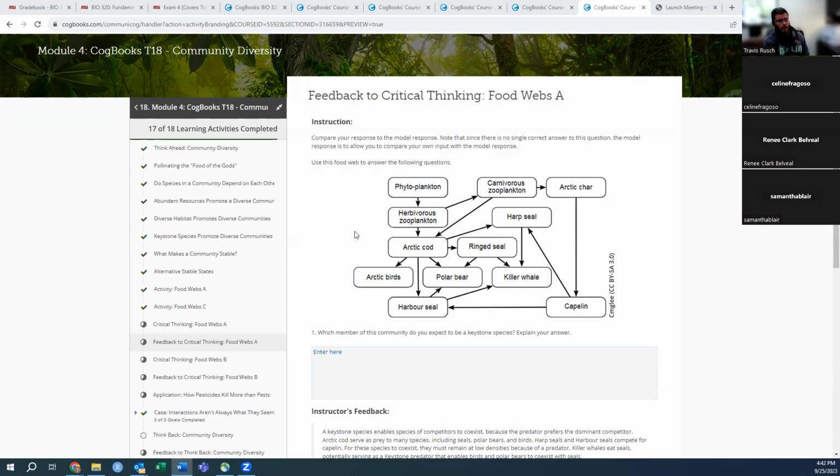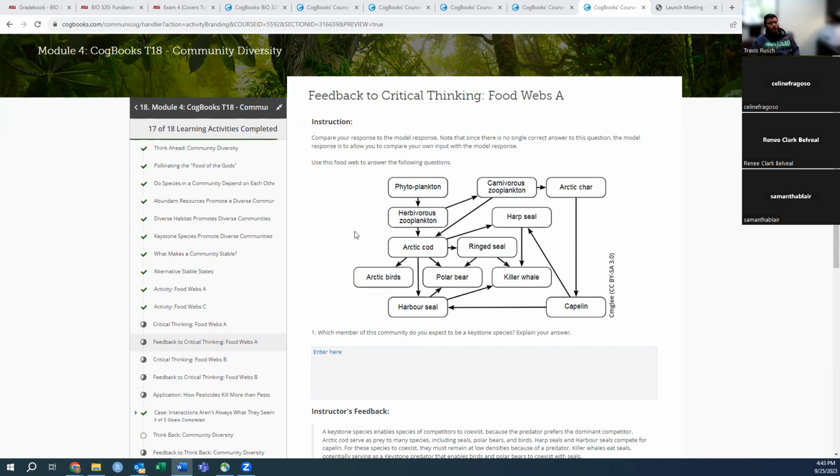But I will say for the exam, if you get a question like this, where you see a chart like this and you make an argument, I would be open to biological discussions of why you think another one is the keystone species, and be more than open to giving full or partial credit for those types of answers. So don't hesitate if you think the one that you picked is correct for reasons A, B, and C.